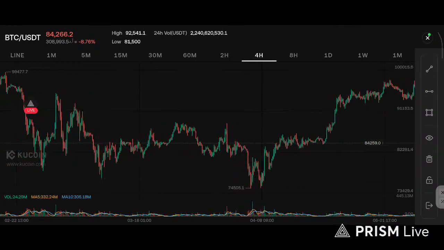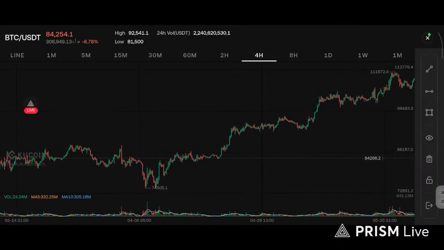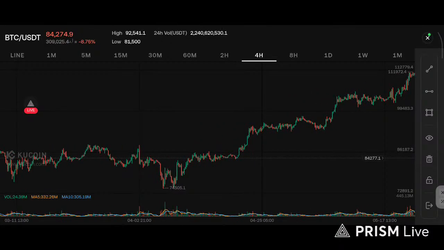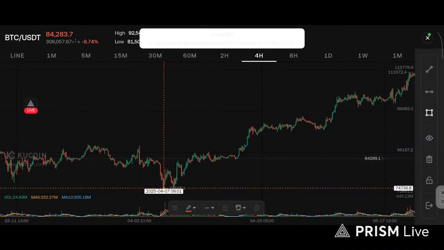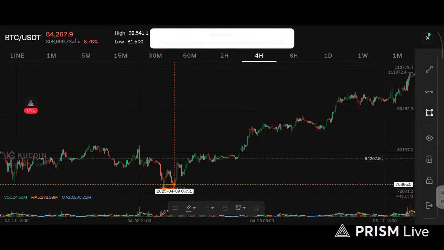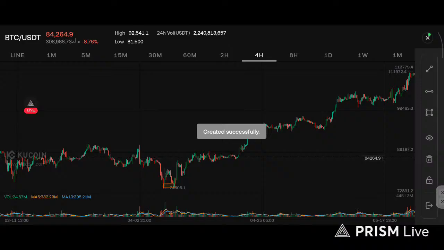As you can see, in this zone we have a chart pattern that was formed. The chart pattern here is a double bottom. Double bottom was formed in this chart pattern.